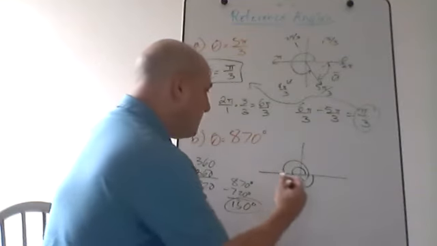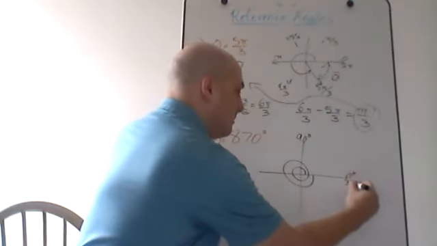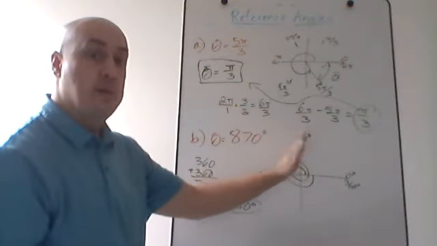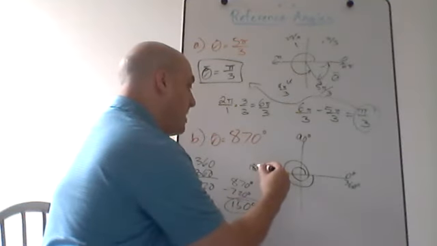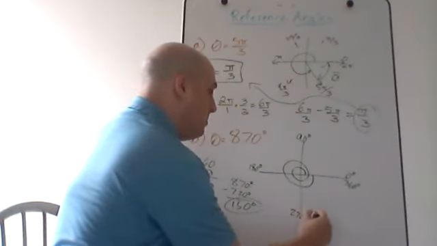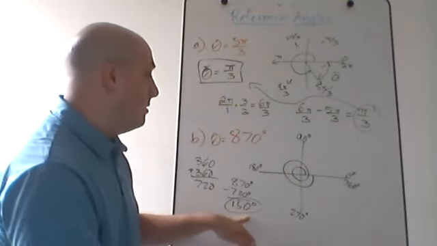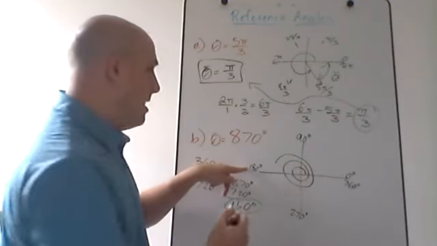Well, I know that over here is 0 degrees, all the way around is 360. I know that the positive y-axis would be a 90-degree angle. I know that all the way to the negative x-axis would be 180 degrees. And I know that down here would be 270 degrees. So if I'm going another 150 degrees, that means I'm going around here, but I'm not going as far as 180.